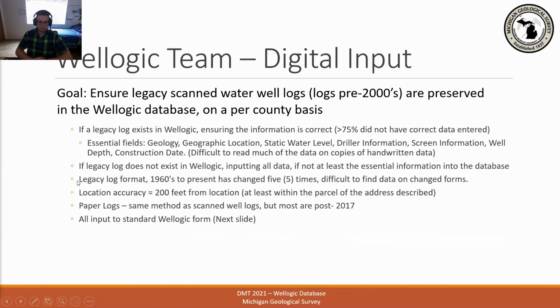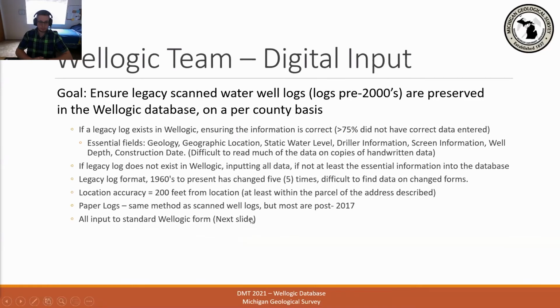Our location accuracy, we determine that based off of it being within 200 feet of the location. And then we also have a small set of paper logs, which are post 2017, and these are given to us by drillers who are not able to enter them on their own.